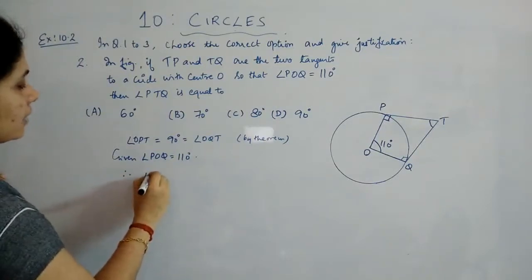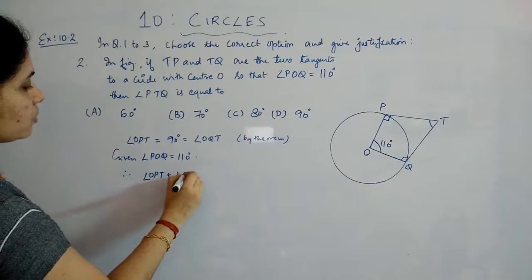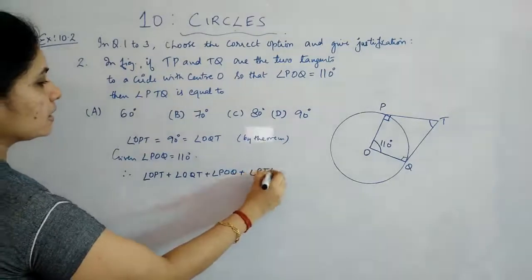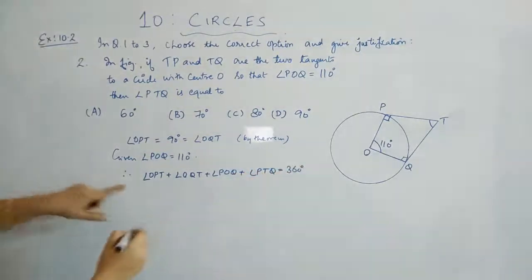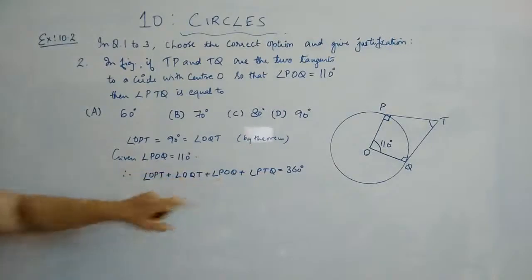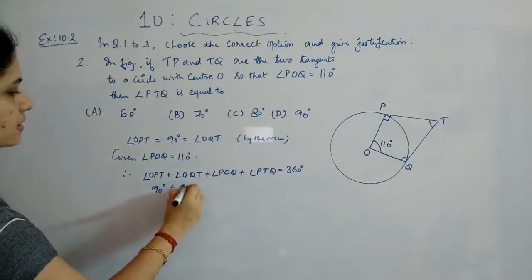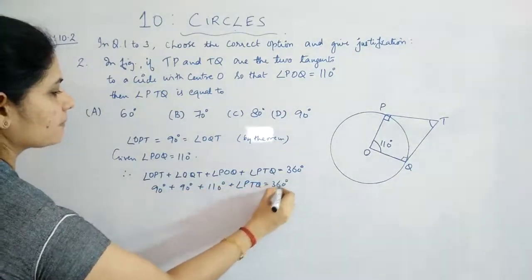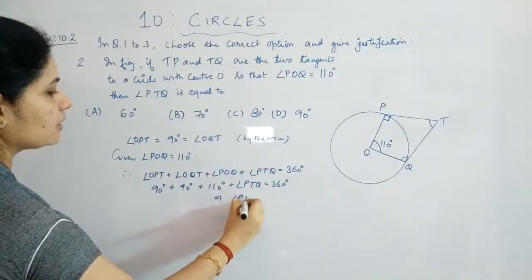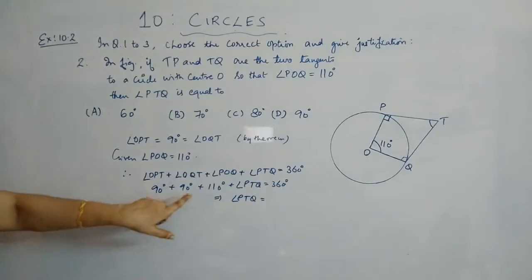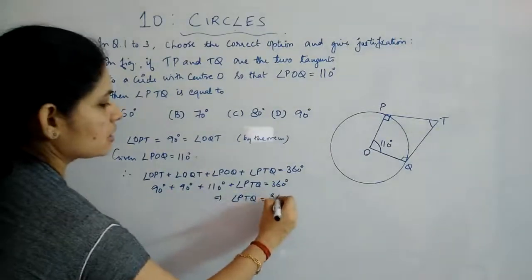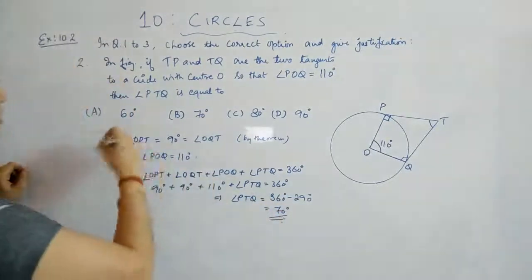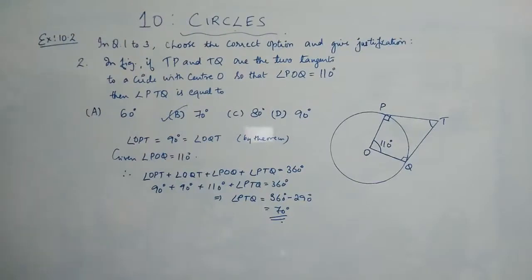So angle OPT plus angle OQT plus angle POQ plus angle PTQ should give you 360 degrees, of which OPT, OQT and POQ you know. You are just replacing the values: 90 degrees plus 90 degrees plus 110 degrees plus angle PTQ is equal to 360 degrees. Therefore, angle PTQ will be, here you are getting 180 plus 110, 290. So 360 minus 290, which is equal to 70 degrees. So angle PTQ is equal to 70 degrees.